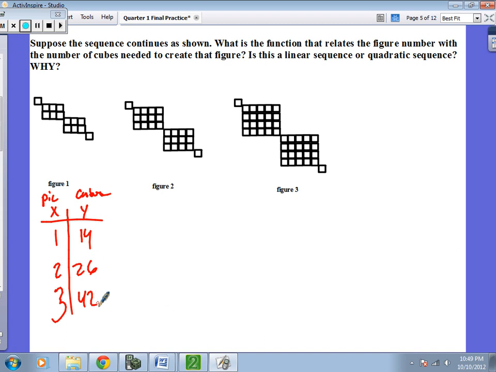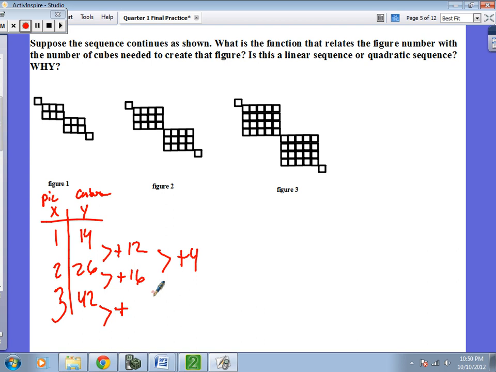Alright, now if you start looking at the change, this one went up 12. This one, 42 minus 26, went up 16. So I'm going to totally guess that the next one is going to go up 12 to 16. That went up 4 times.